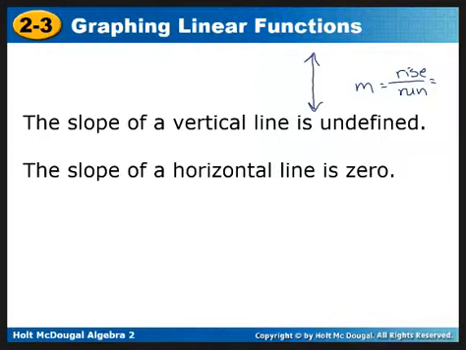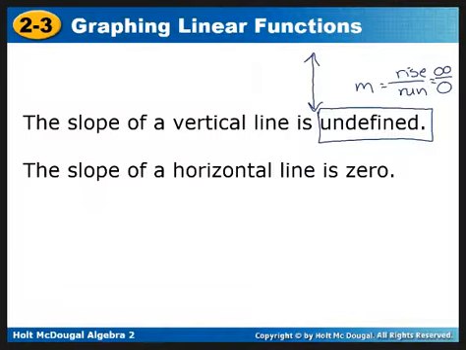It does not move in either direction. So we could think about the rise almost being infinity, and the run being 0. We know, and we talked about this in class a little bit, that you can never have a fraction where you have 0 on the bottom. It doesn't work. Your calculator will give you an error. We refer to it as undefined. That's why the slope of a vertical line is undefined.